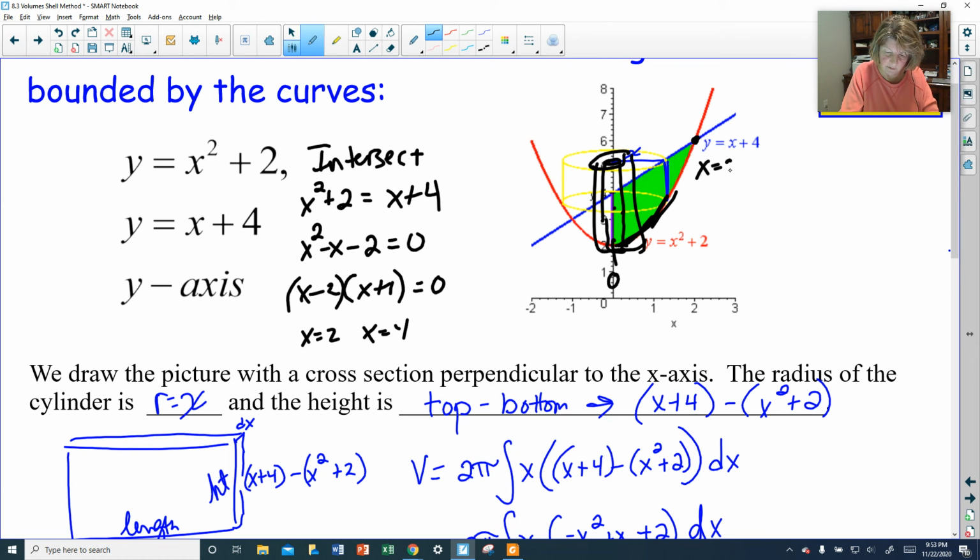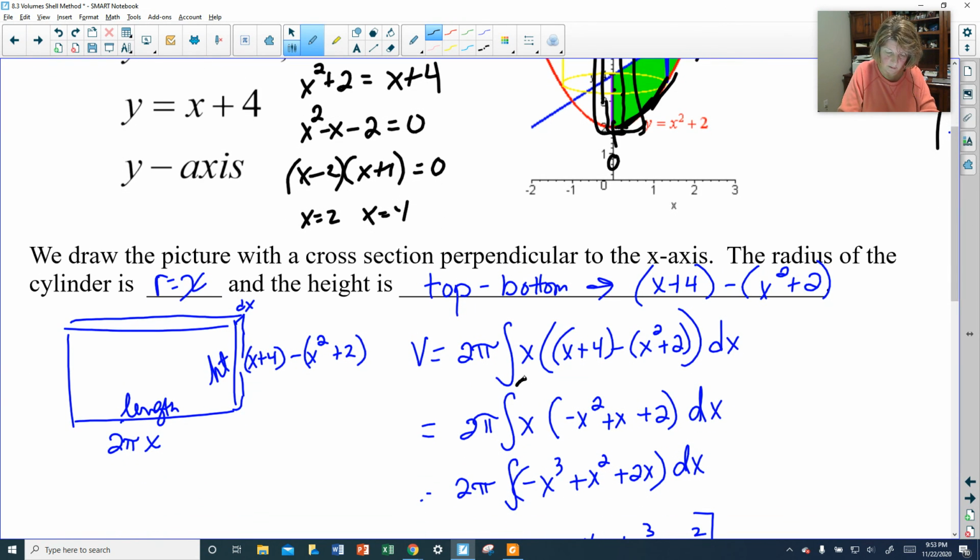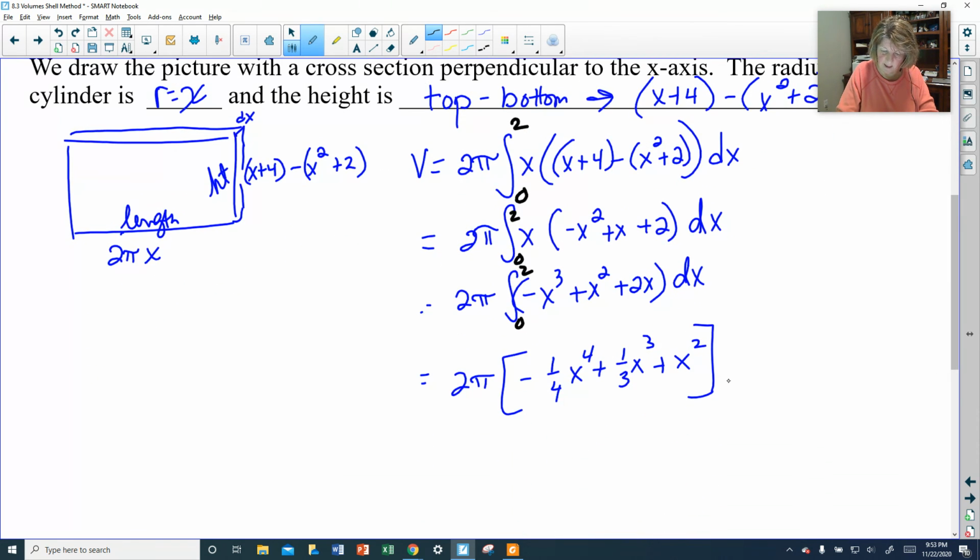It's the x equals 2 that I'm interested in. So now I'm going to integrate from 0 to 2. Let's add those on our integration, bounds 0 to 2, and we can plug those in. Trust me on this one, you get 16 pi over 3. All right, there's the shell.